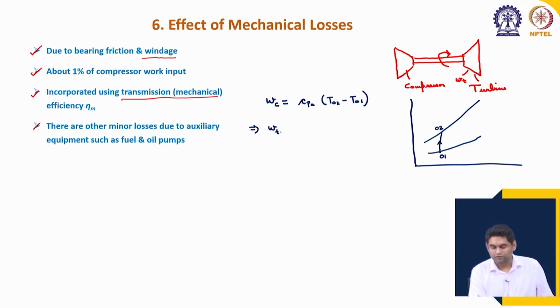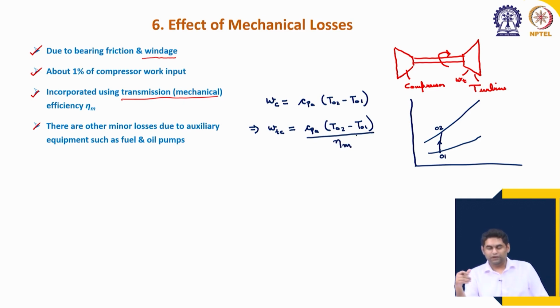so WTC, the work that is supplied from the turbine for the compressor, needs to be equal to Cpa (T02 minus T01) divided by this efficiency, the mechanical efficiency.